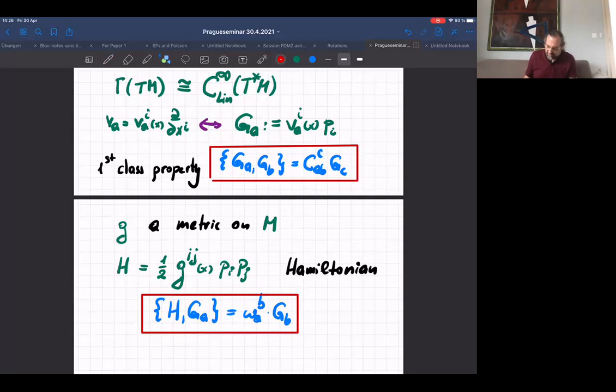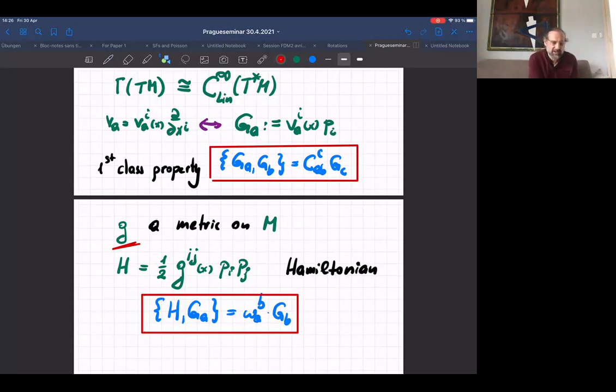Right, and now one can also ask what this condition means geometrically on M. We get a metric g as mentioned, and this metric now needs to have some compatibility with the singular foliation on the manifold M, which is encoded by these G_As.